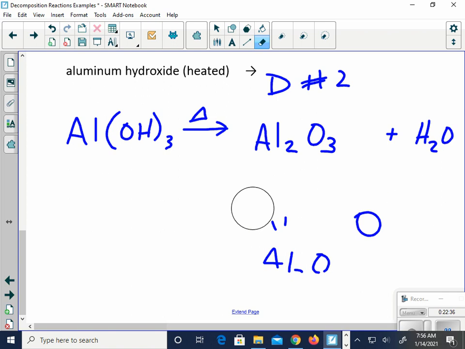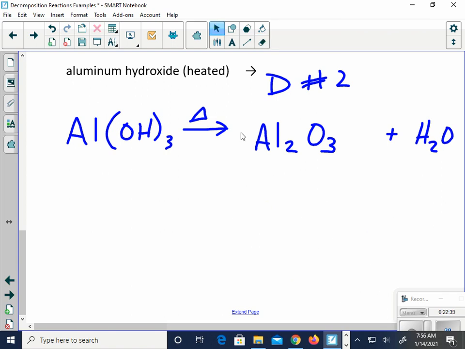Clean it up. Now I need to look at some balancing, because obviously I don't have this balanced. I can see that my very first problem is my aluminums. I first of all would look right here at my polyatomic.